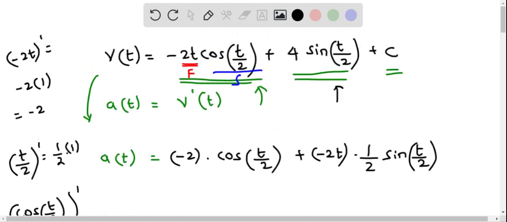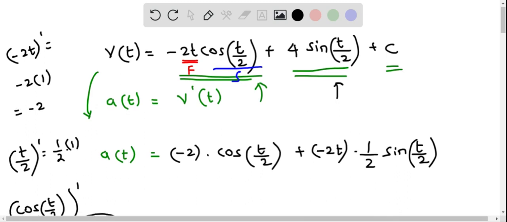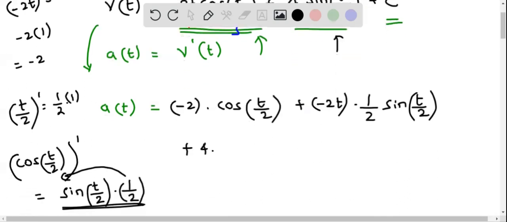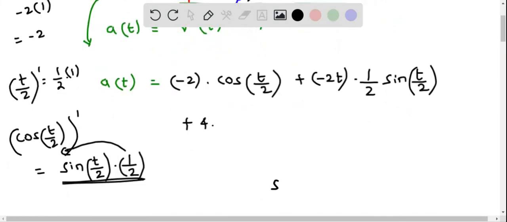Now let's write down the derivative of the second term. Here we have 4 times sine of t by 2. We can use the constant multiple rule and put the 4 as it is, and we have to find the derivative of sine of t by 2. We can apply the chain rule here. First you find the derivative of the sine function, which is a cos function.